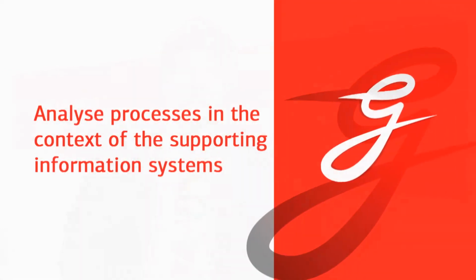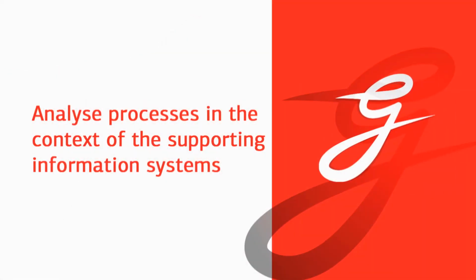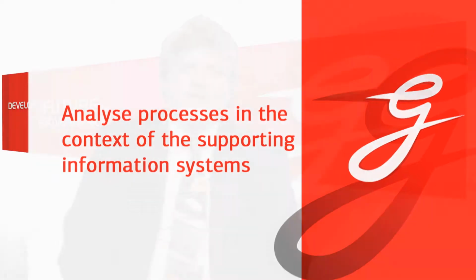However, in terms of e-governance, we need to analyze the processes in the context of information systems that are supporting those processes. And also we need to pay attention to the information flow within those processes.